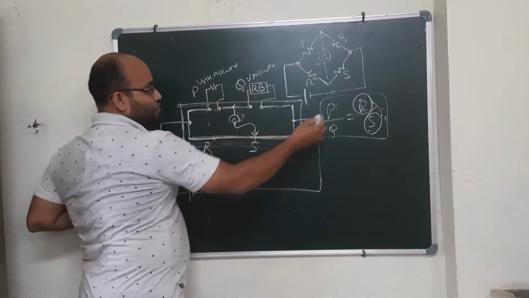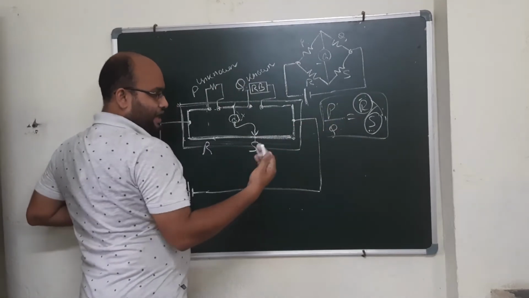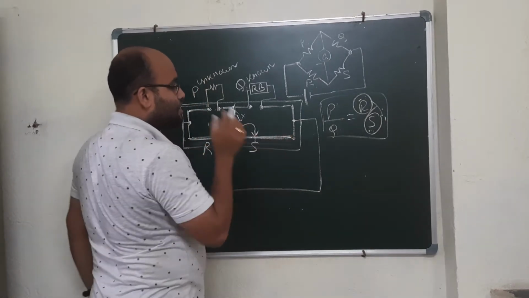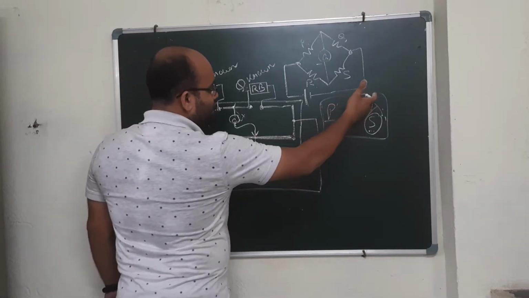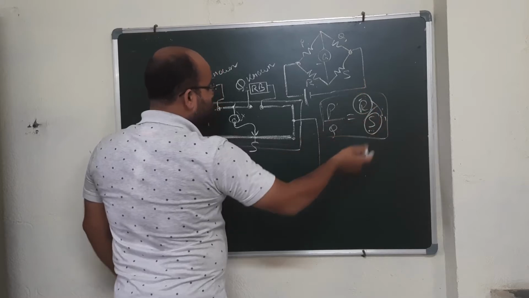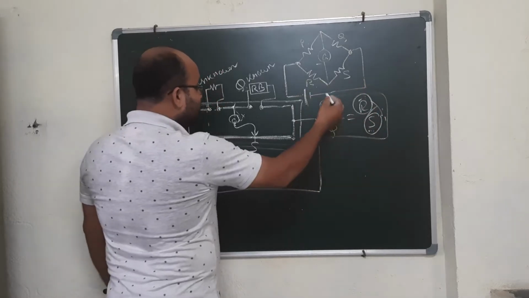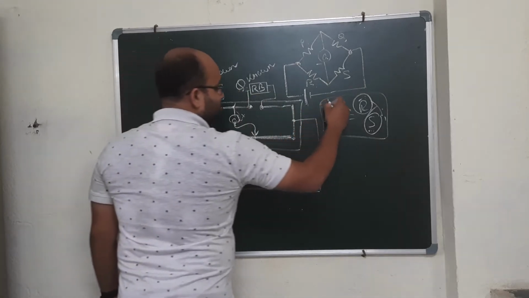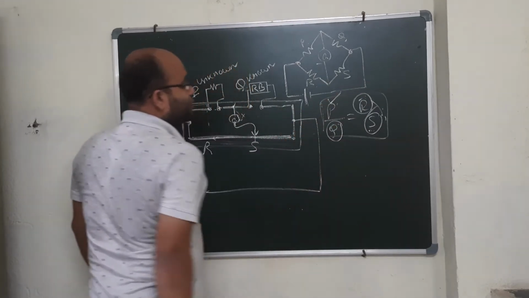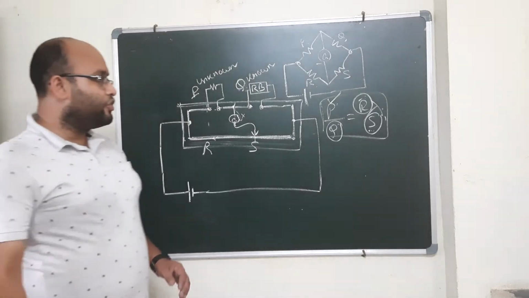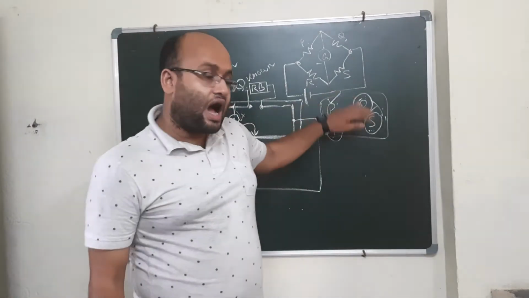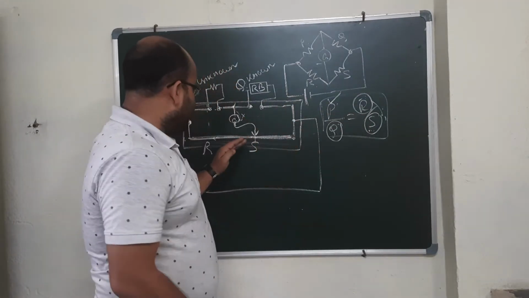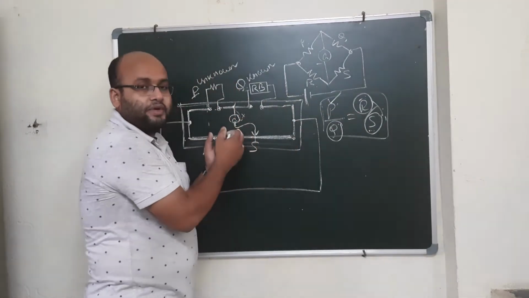And from this P by Q over here, so I'm doing it again in short, if we know the value of R and S, here we can calculate the resistance ratio, and from there we can easily calculate the value of the unknown, that is the value of P, if we know the value of Q. So what I am doing is adjusting R and S as I wish, and we are getting a point where there is no current flow to the galvanometer.